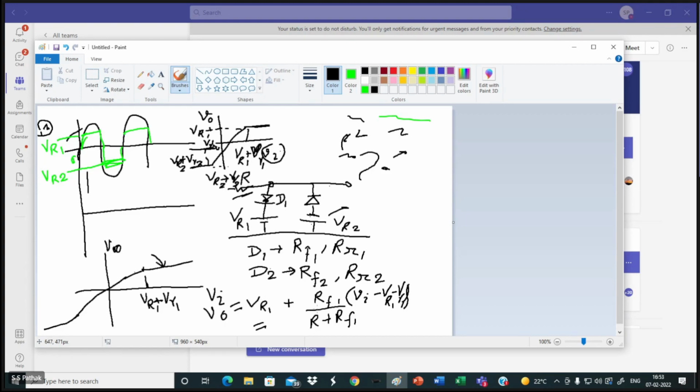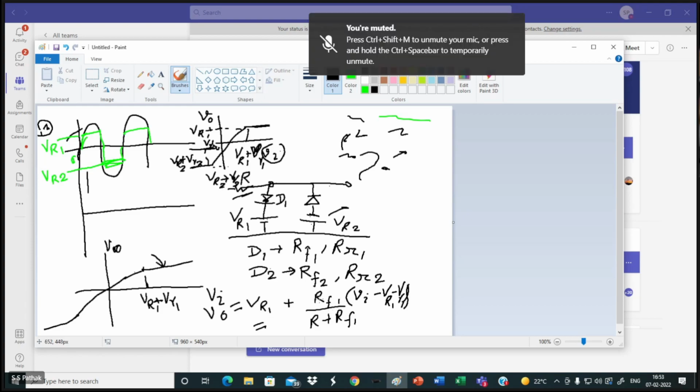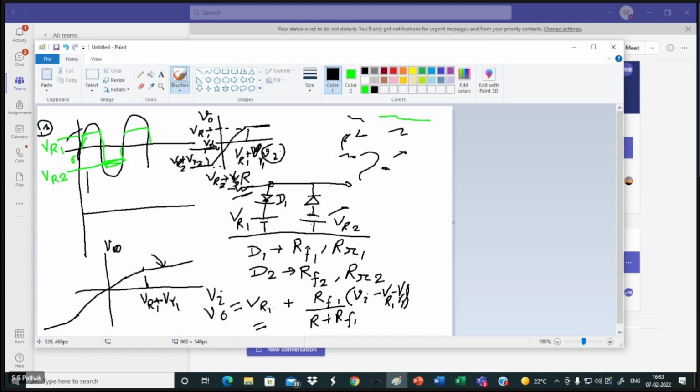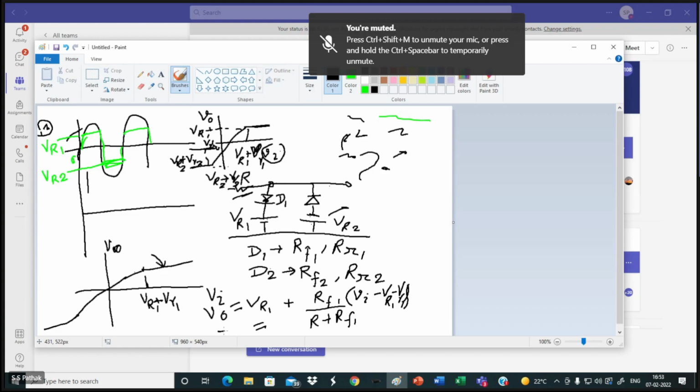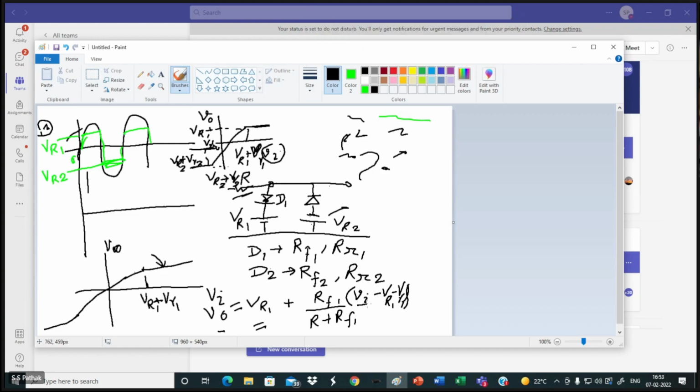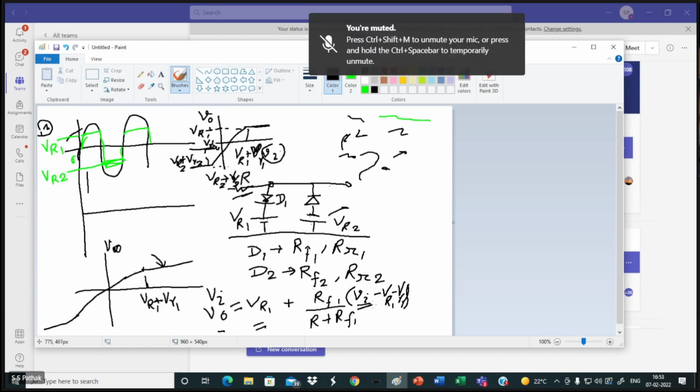The VR1, again RF1 into VR1 plus V gamma will appear here. Okay? And you solve that. So your V naught 1 will be appearing in terms of this Vi. So V naught by Vi will be this slope. Shall I do it?